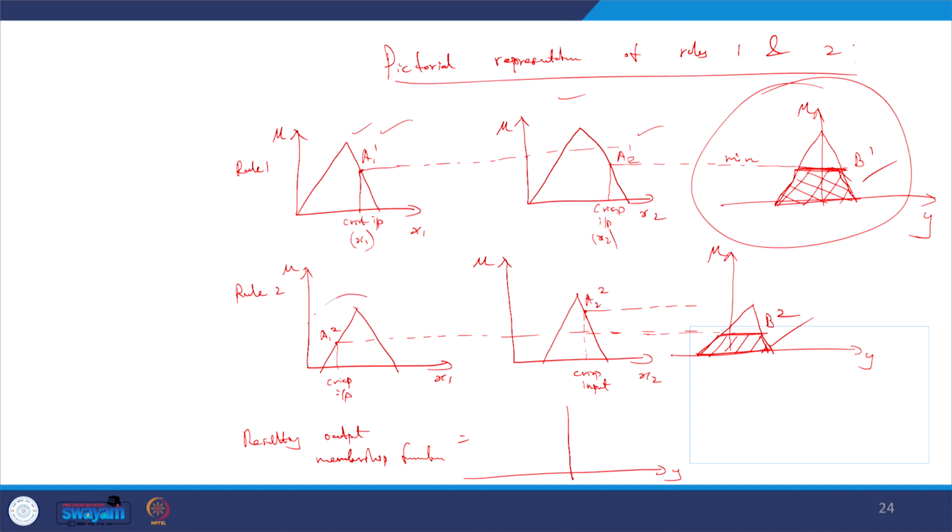Likewise, for rule 2, membership function value for rule 2 for x1 is A12 and for x2 it is A22, minimum of that forms the B2, that is the output for rule 2. Now, the resulting output membership function is given by the maximum of these outputs for each rule. So, the maximum case here, mu is the y axis, x axis is y. So, add this.